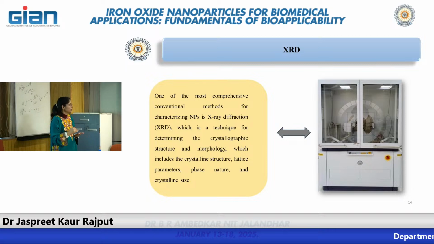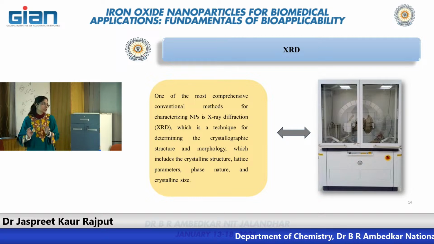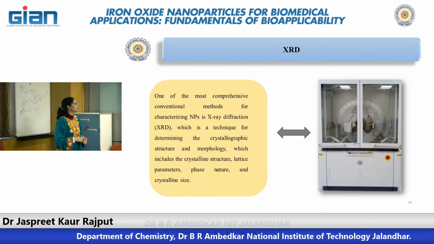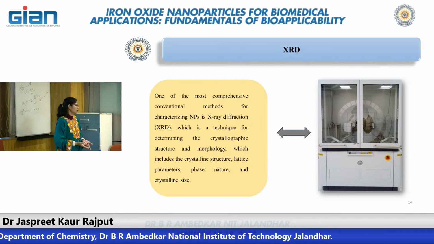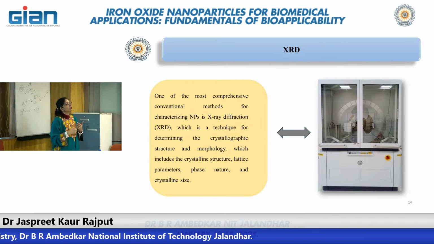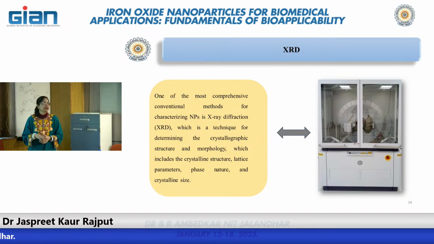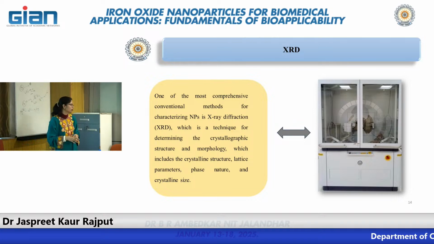Those lattice parameters can be analyzed through the X-ray diffraction method, the phase, the crystallite size. By the Debye-Scherrer equation, you can find out the size of nanomaterial through the XRD. Okay, so through TEM you can visually see through the TEM micrograph, but yes, through the XRD you can also see the size of the nanomaterial.